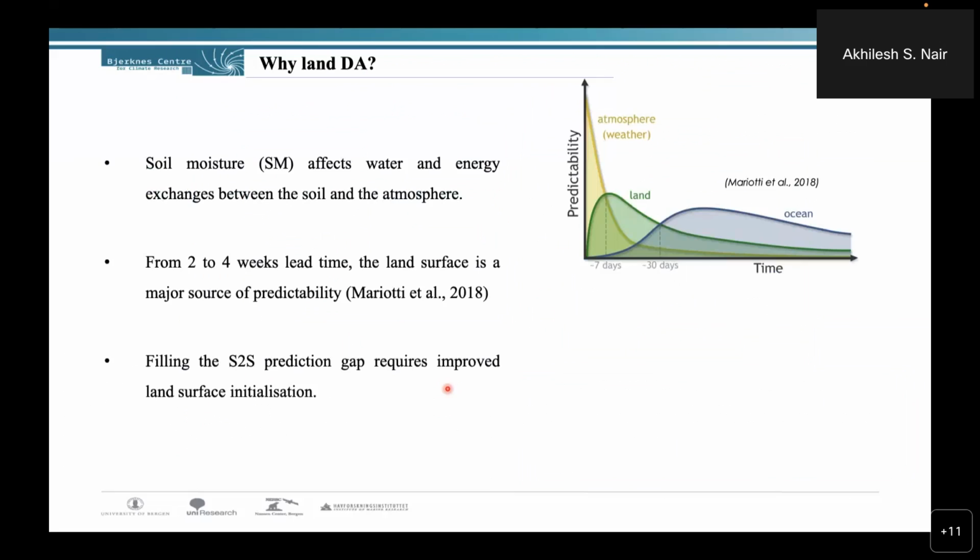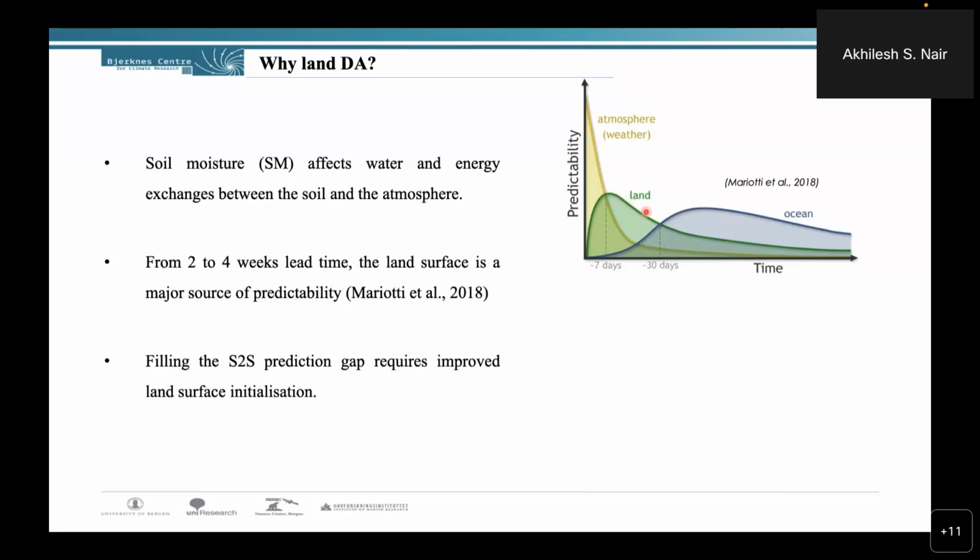Let me take you to a small graph where the x-axis represents the lead time and the y-axis is the predictability, and different components are shown, which include the atmosphere, land, and ocean. If we check the time scale between a week or two to a month, the major component which plays on the predictability is land.